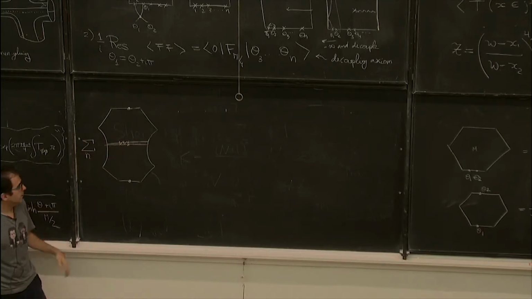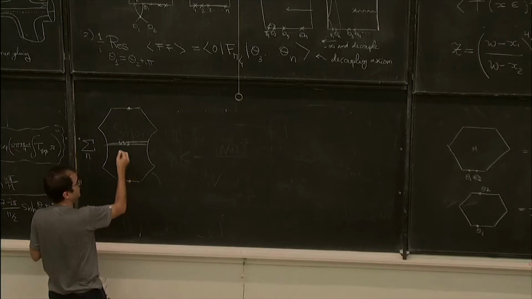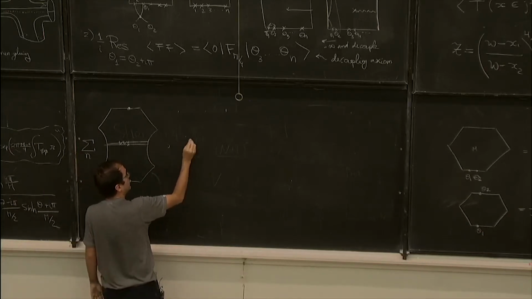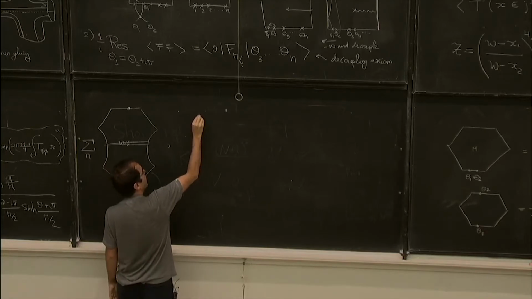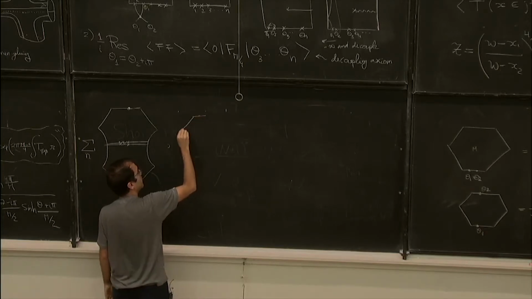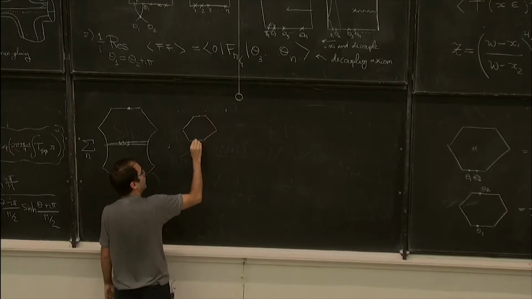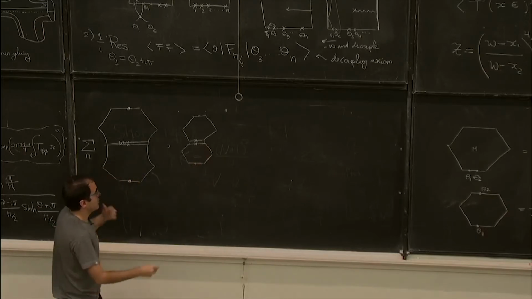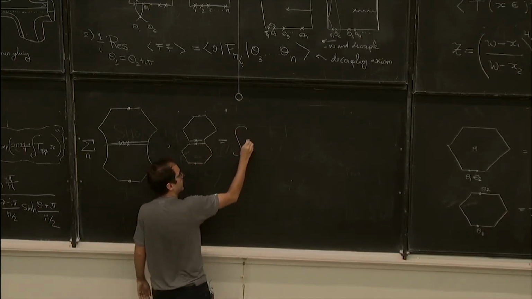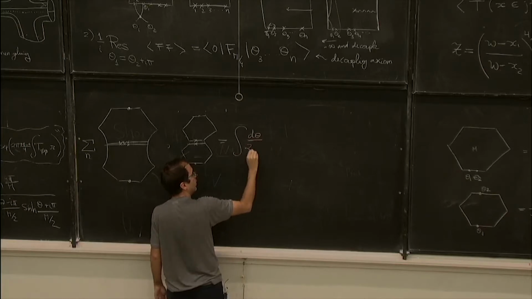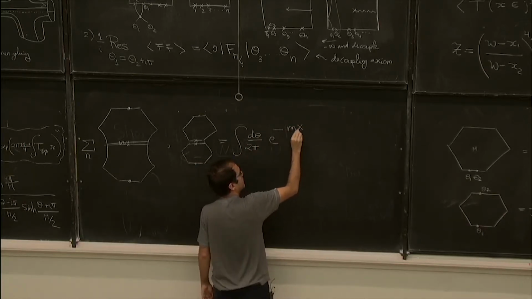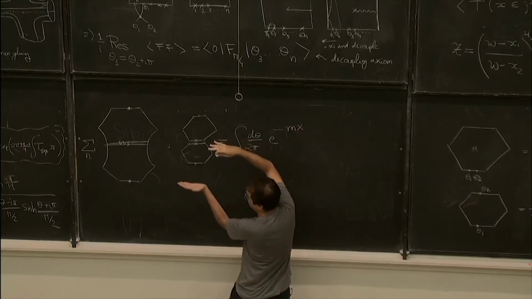Okay, so now let's write explicitly what it is. The first term that we get is when we have 1 particle and then 1 particle on the gluing line. This would be the integral over that particle, d theta over 2 pi, e to the minus the mass times the length, the separation of the two twist operators.